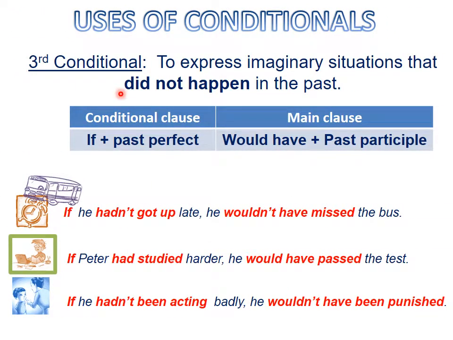Third conditional, which is a little bit more difficult, but I'm sure you will cope with it. This is to express imaginary situations again, but which are not possible to happen, that they did not happen in the past.